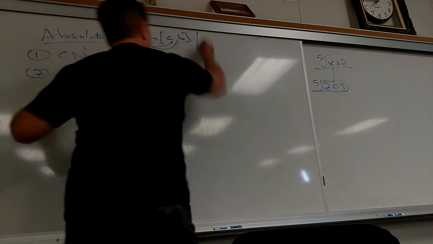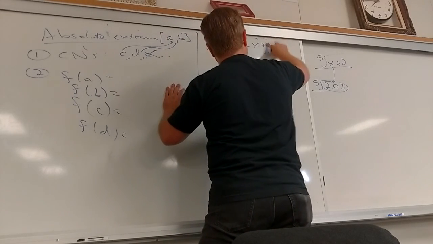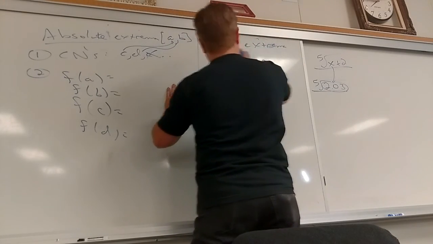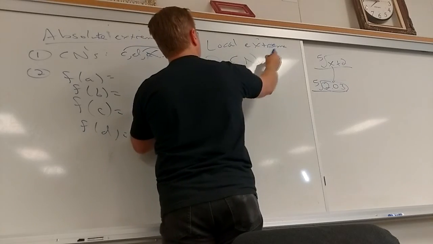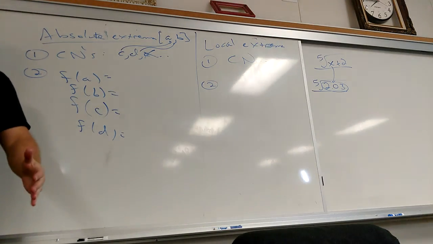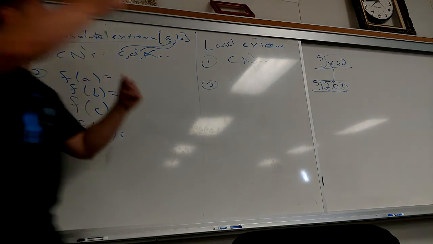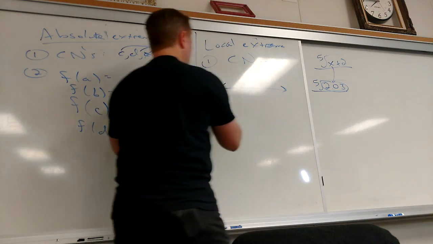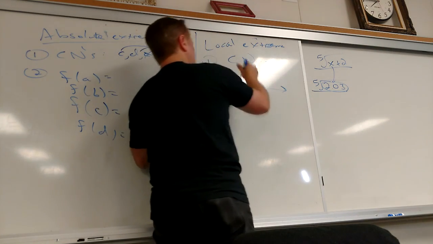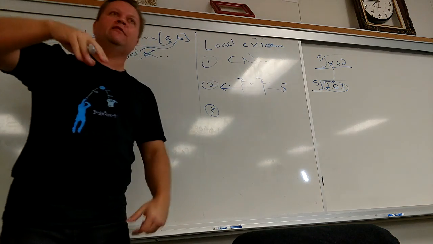What does it take to find local extrema? First step is the same: find the critical numbers. And what's the second step? I have to construct something. Sign diagram. And then the third step is to see where things are positive, where things are negative, if it's going up and down.